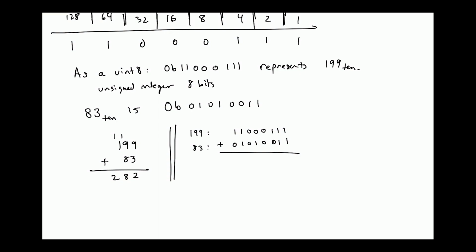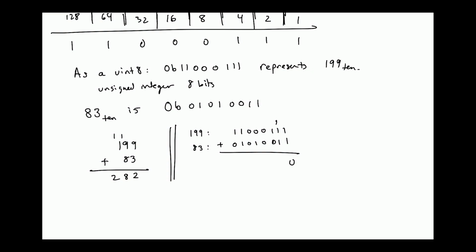In the same way that what's 9 plus 3? 12, but we write 2 carry a 1. Does that make sense? Okay. So what's 1 plus 1 in the far right-hand position here? 0 carry a 1. And then here we have something interesting. We got 1 plus 1 plus 1.